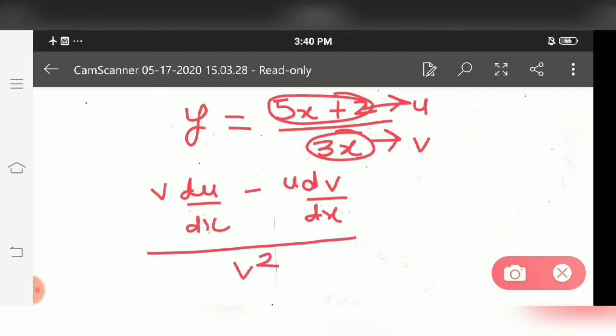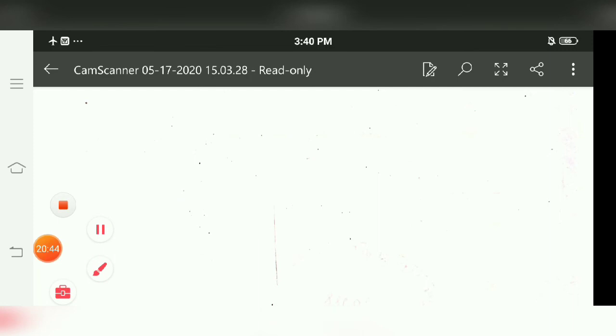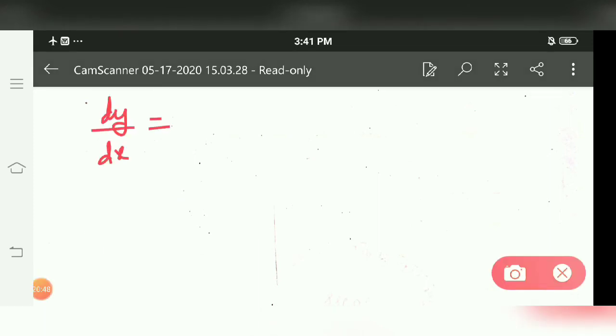So I apply this formula to this. So I get dy by dx is equal to, here u is 5x plus 2 and v is 3x.